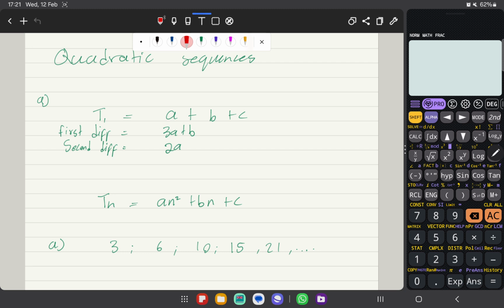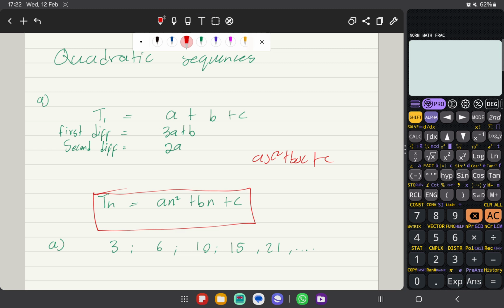So now, quadratic sequences are a little bit different from linear sequences. Something you must take note of: this right here is the standard form of your general formula. It looks the same as ax squared plus bx plus c, no difference.